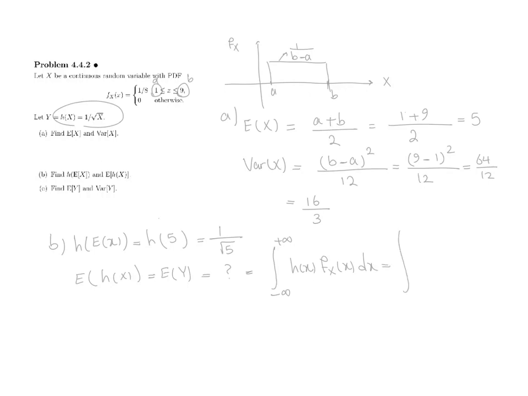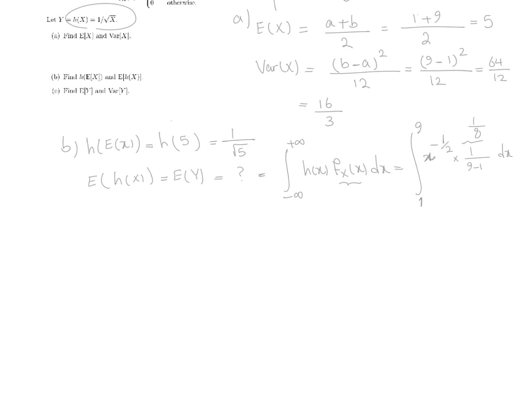The minimum value where the PDF of x is non-zero starts from 1, and the maximum value for the non-zero value of f of x is 9. H of x is 1 over radical x, or we can write x to the power minus half, times f of x during this interval, which is 1 over b minus a, here 9 minus 1, or 1 over 8.